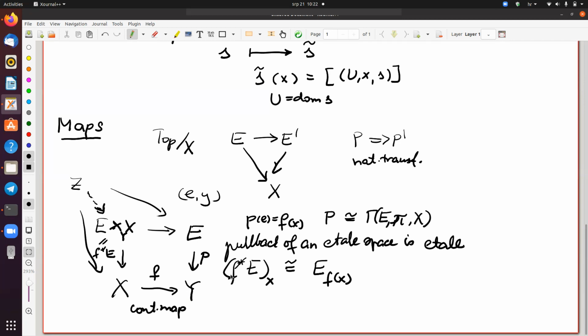Basically you can take a point in E of F of X, and X comma that. Maybe it would be better to have XE than EX. Well, doesn't matter. So anyway, this here is a disjoint union over X of E_F(X). So you have another copy.